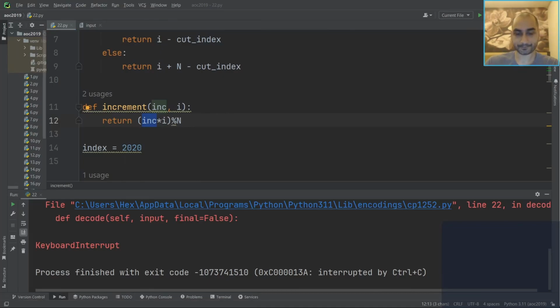Let's see. Multiplicative inverse, here we are. Aha.